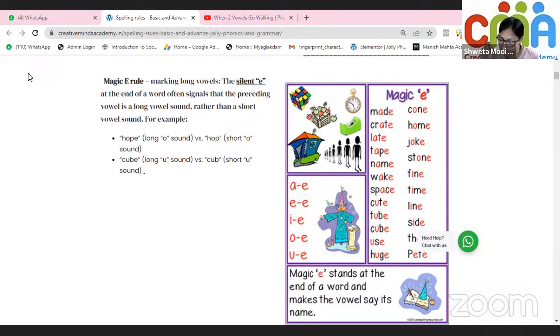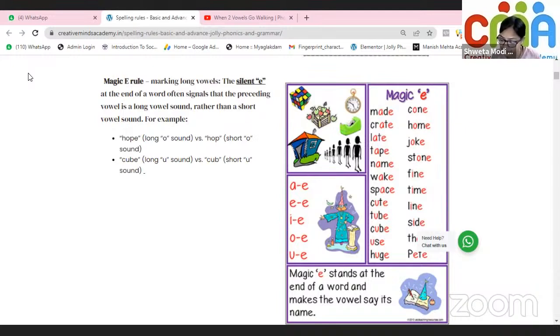Journey of Preschooler has written maid, cone, time, huge, and Pete. Okay, so Journey of Preschooler, can you please write your name? You get 10 points. Neetu has written, but she has used A twice. Journey of Preschooler, you get 10 points.